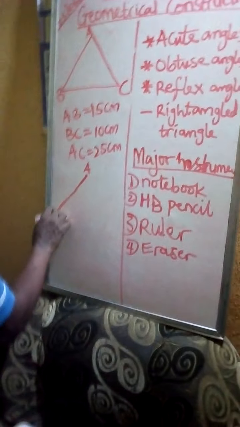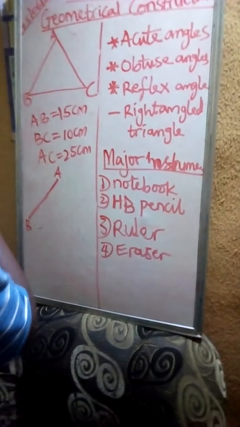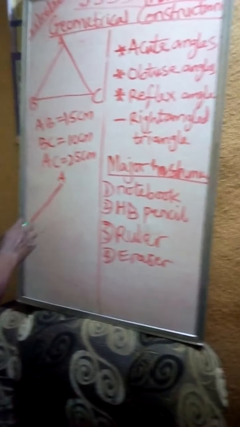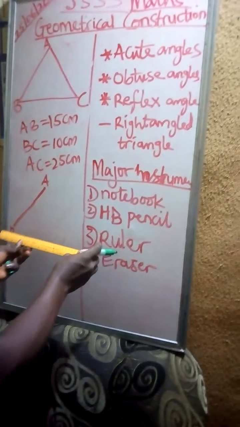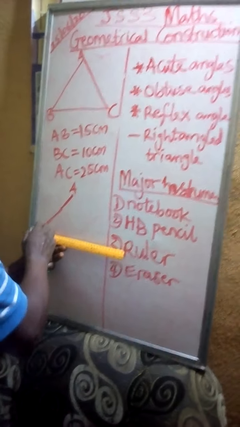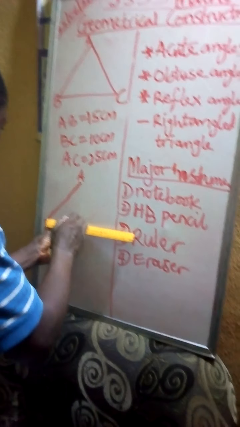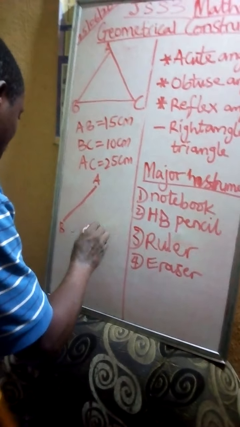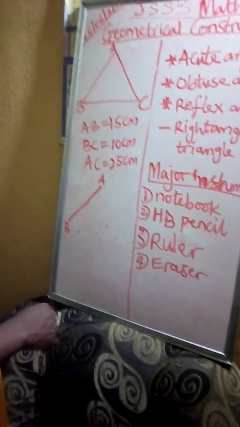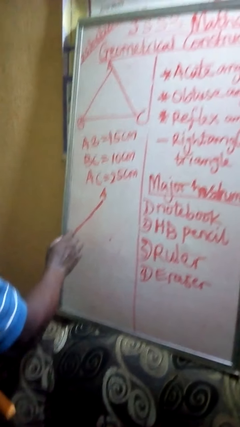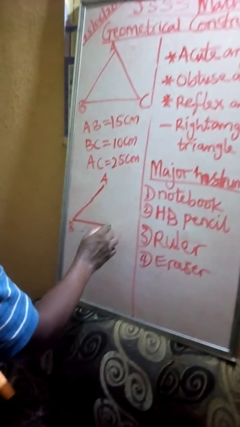That is AB. After that, your BC, which is like this, your BC 10. You put from the dot to where 10 is. Something like this, 10. You draw the line, 10. This is your 10, which is your C.